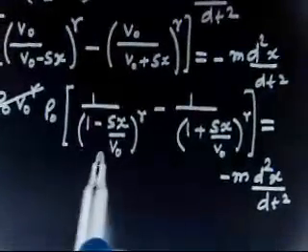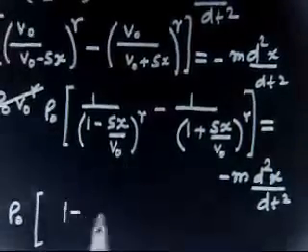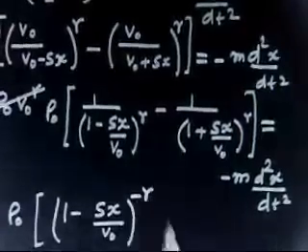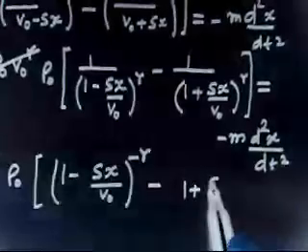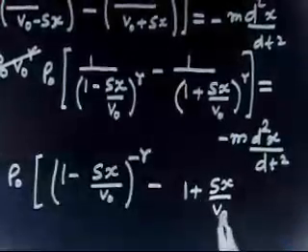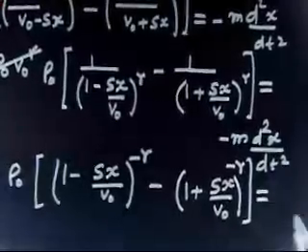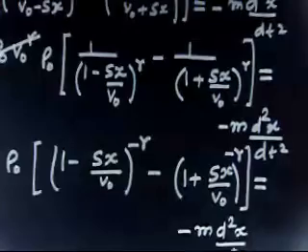Now if you expand binomially, let us first write (1 minus Sx by V0) to the power minus gamma, minus 1 plus (Sx by V0) to the power minus gamma. This is equal to minus m d2x by dt square.